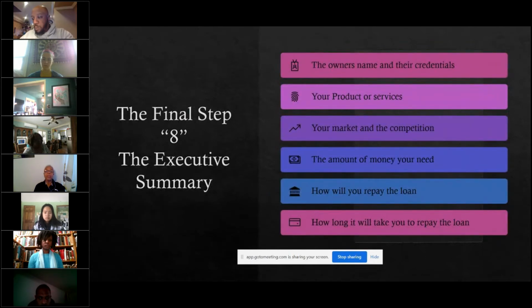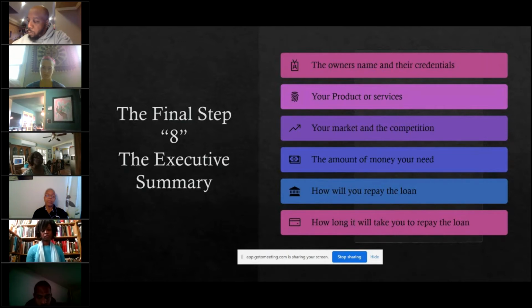So this is the final step, which goes to your executive summary. The owners' names and their credentials should be number one, right? Because you're going to pull that information and summarize everything into your executive summary. Remember, I said your executive summary is the last thing that you write.